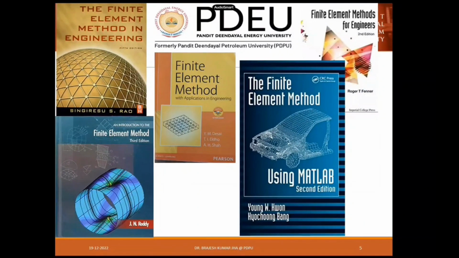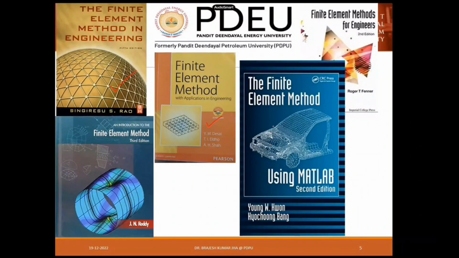Some books for the introduction that are required for beginners. Here you can see S.S. Rao, The Finite Element Method in Engineering. For beginners, you can go through this. Desai and Shah is also very good.